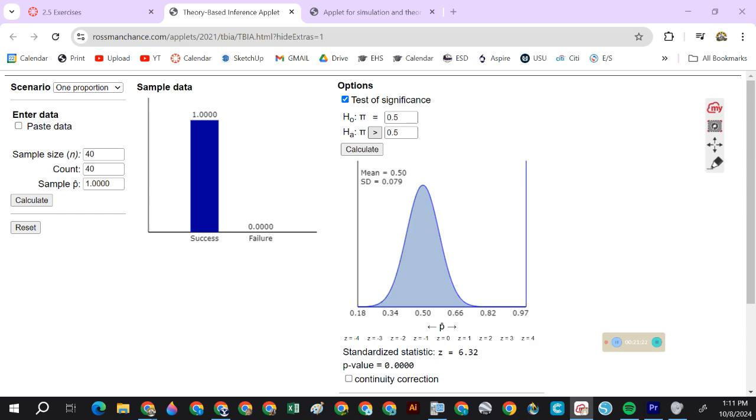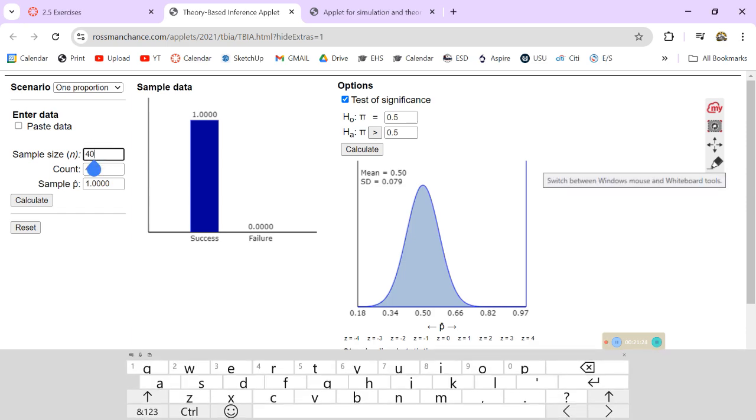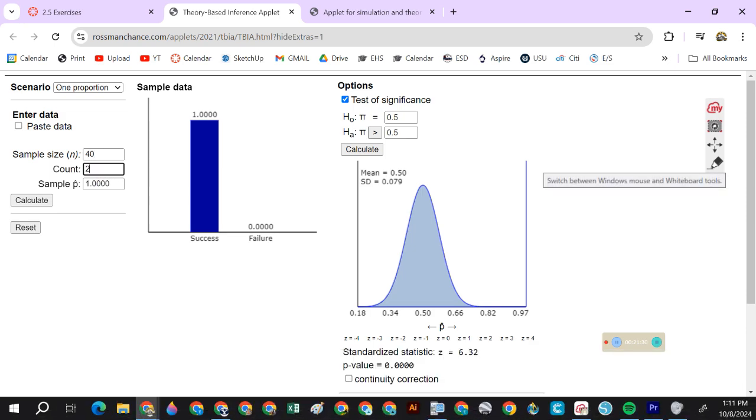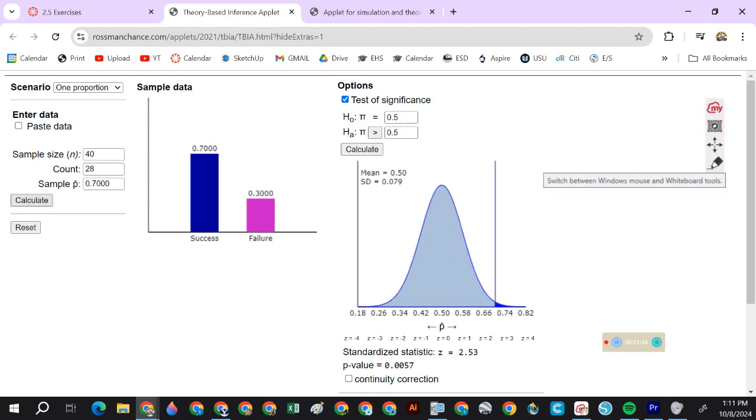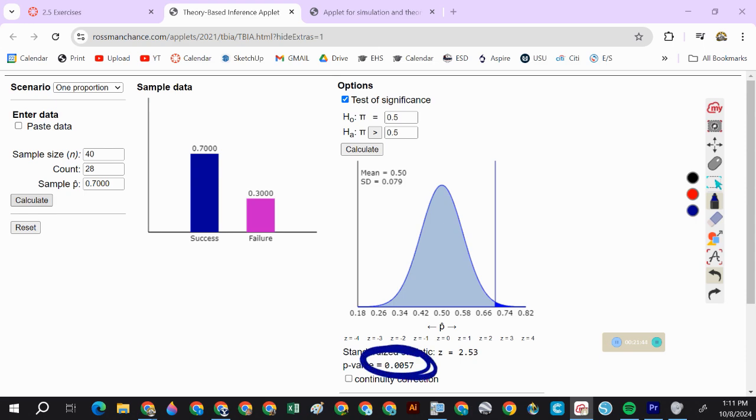So pi is greater than 0.5, my sample size is 40, and my count is 28. There we go. Okay, so this gives me a p-value of 0.0057.